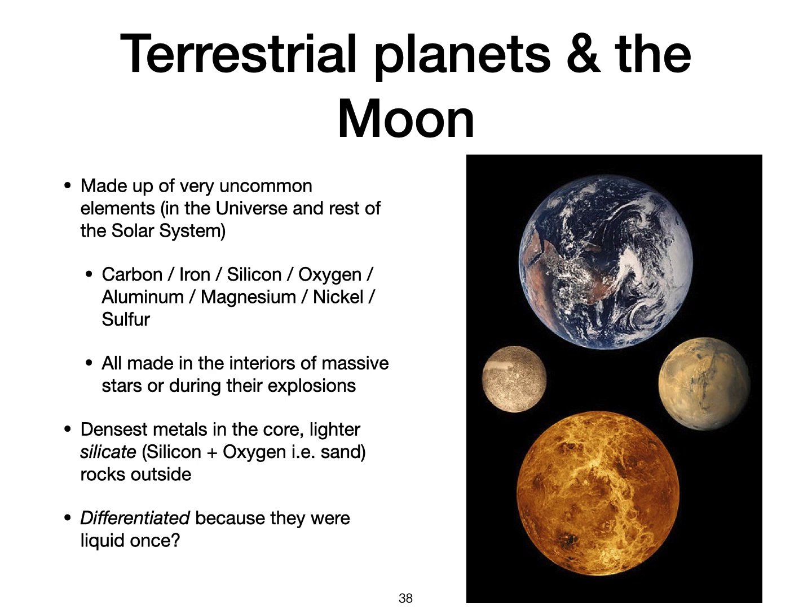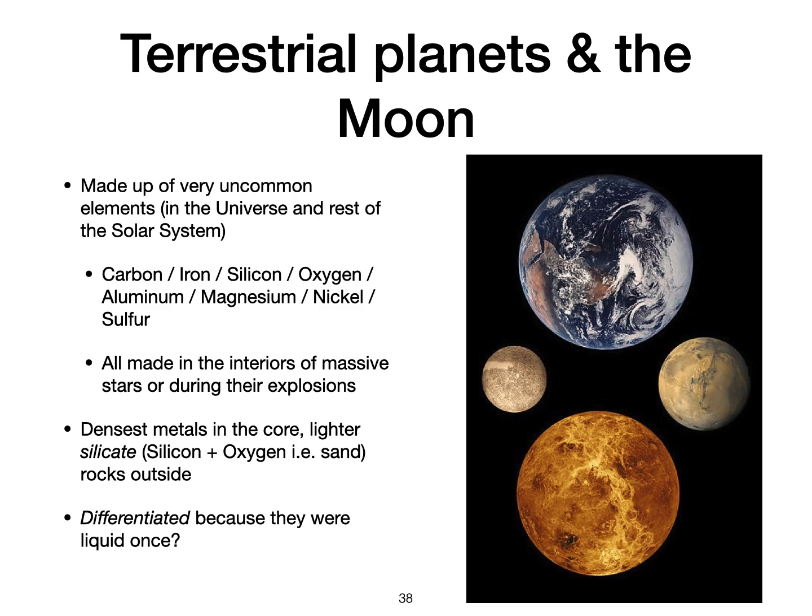So, we think, because these bodies are differentiated, that they were liquid or extremely hot at one point, and the differentiation happened when they were liquids or extremely hot, and the denser stuff fell to the bottom, just like you have oil and water. Water is denser than oil, so the water ends up on the bottom and the oil on the top. Or like icebergs and water, for example, ice is less dense than liquid water.